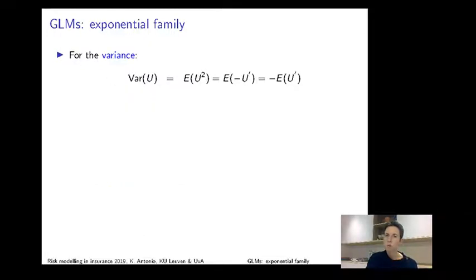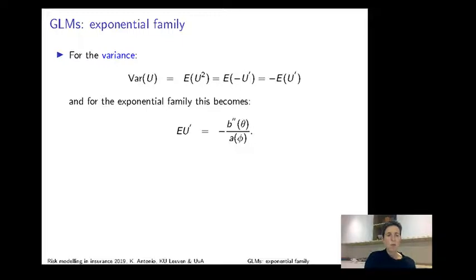Now, for the variance, you will work in a similar way. As mentioned on sheet number 6, the variance of U must equal the negative of the expected value of the derivative of U with respect to theta. You can then use the expression for U and for its derivative as derived on sheet number 7.